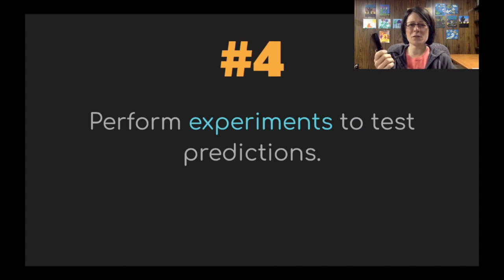So number 4 is to perform an experiment to test the prediction. So I'm going to remove the batteries and replace them with new ones. So here go the old batteries. Here come the new batteries.